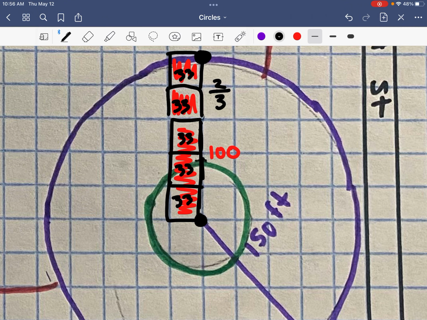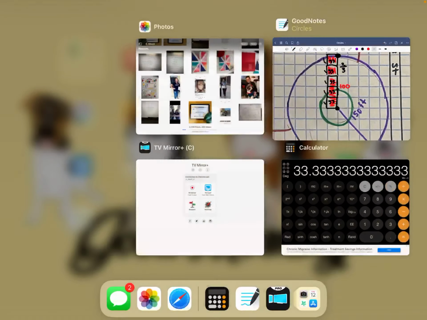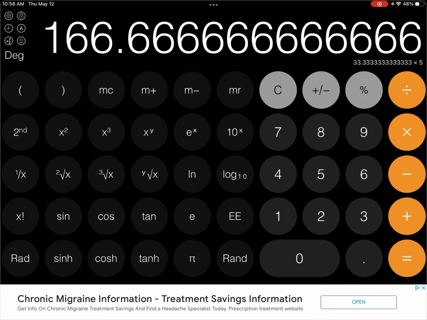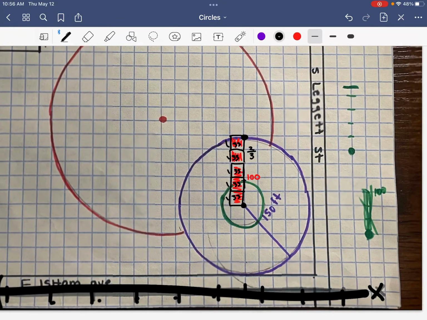So you can either add these all up, or you can multiply. So I have 1, 2, 3, 4, and 5. So I'm going to do this number times 5. So that means that with my scale, those 5 squares is equal to 166.7 feet.